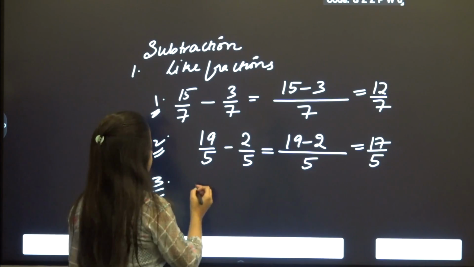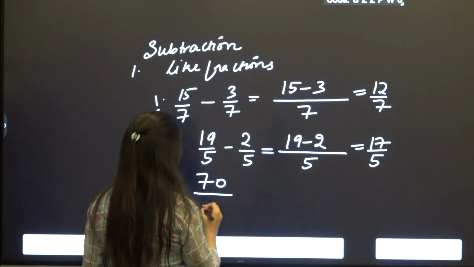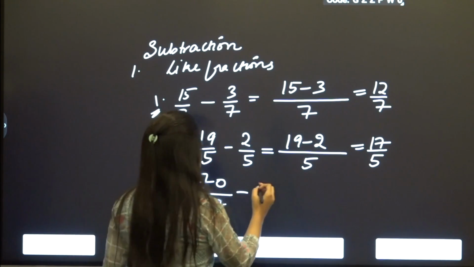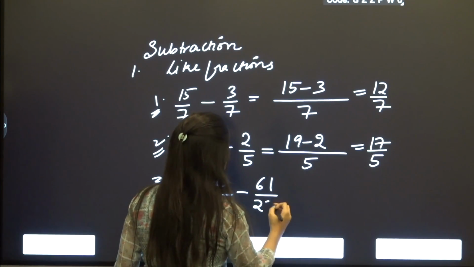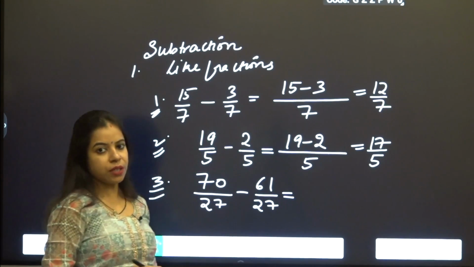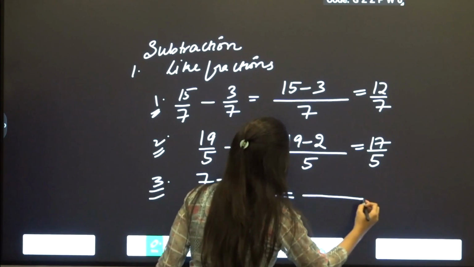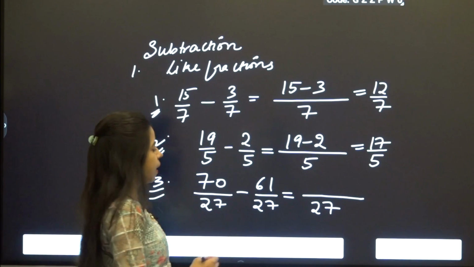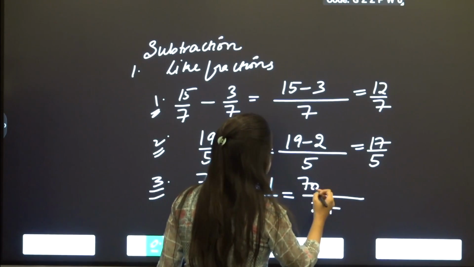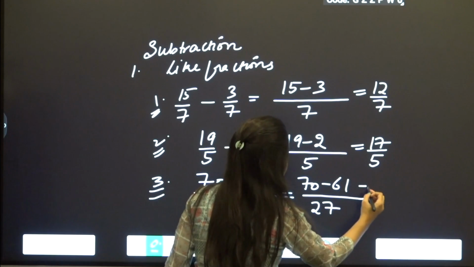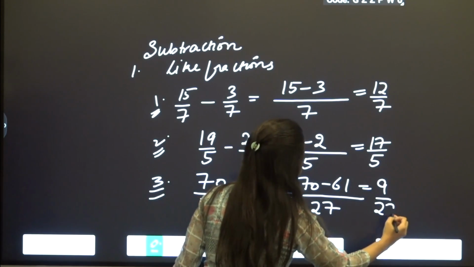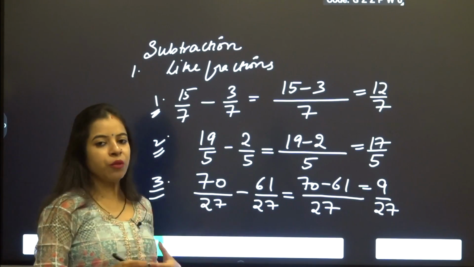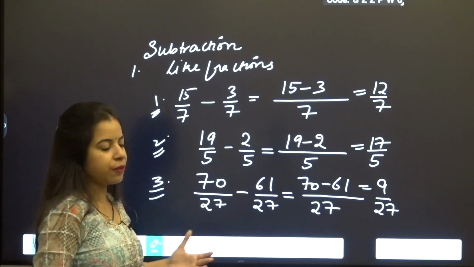Say 70 by 27 minus 61 by 27. Here the common denominator is 27. So the final answer will have 27 as the denominator, and in the numerator it will be 70 minus 61, which is 9 by 27. So in this manner we can perform the subtraction of like fractions.